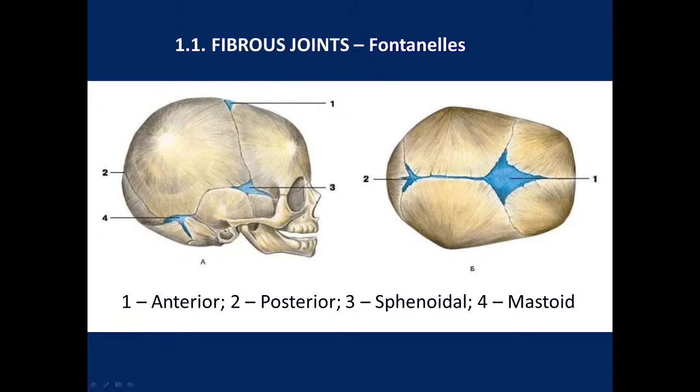We see these fontanelles on the left side of the skull as well as on the right side, and usually three of these fontanelles, I mean posterior, sphenoidal, and mastoid, disappear or transform into sutures within 2 to 5 months after birth.